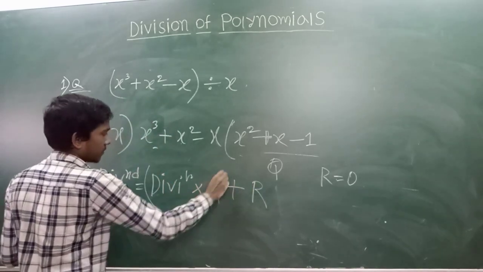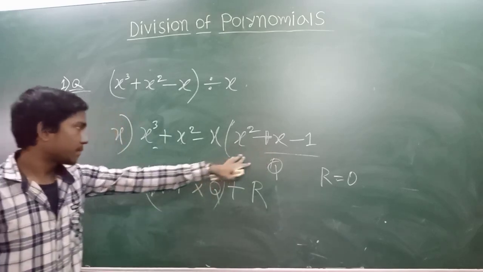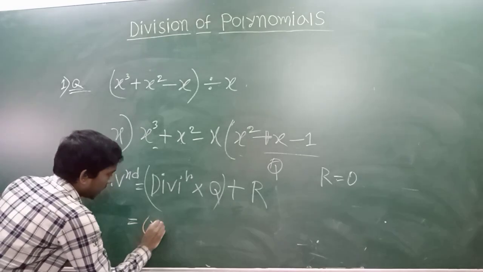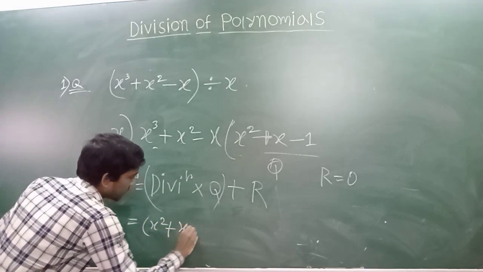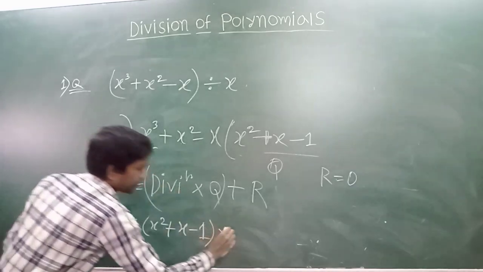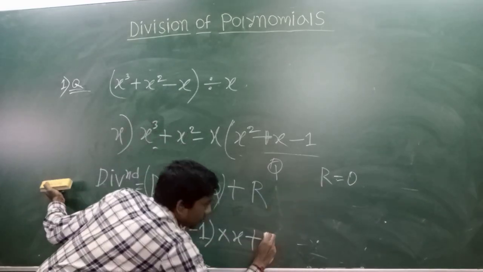You know this. Okay. Let's multiply the quotient with the divisor. So this becomes x squared plus x minus 1 into x plus the remainder is 0.